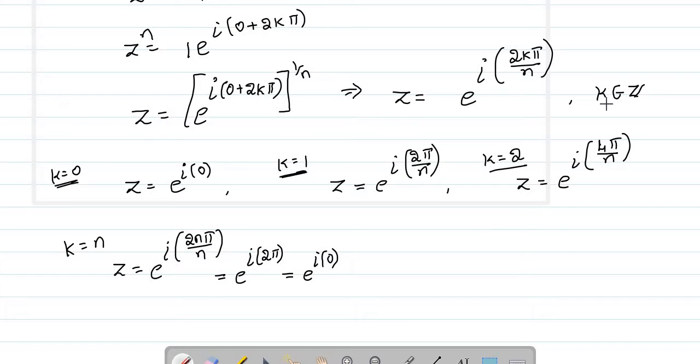So now here, instead of writing k belongs to integers, I can write k belongs to 0, 1, 2 up to n minus 1 only. So in total you will have n entries. Okay, so these are the nth roots of unity.